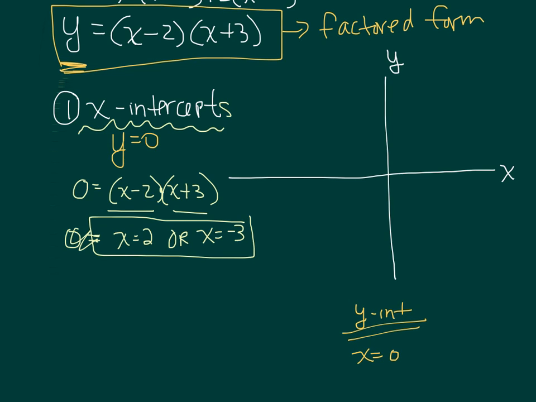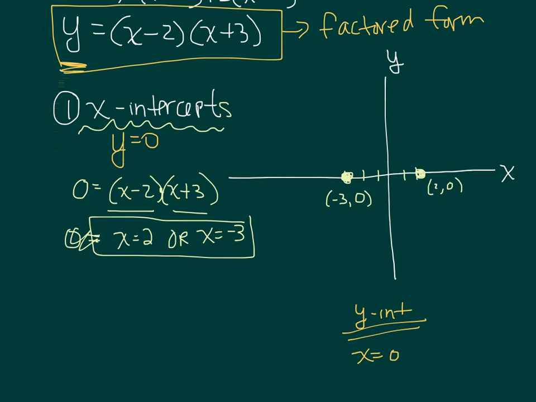I'm going to plot these on my graph. So when I plot x-intercepts, I have one point here at 2, 0, and I have another one at negative 3, 0.